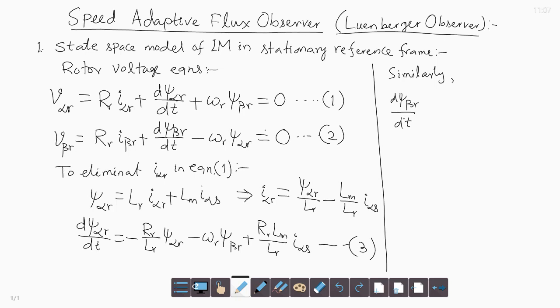So, d psi beta R by dt is minus R R by L R into psi beta R, then rotational EMF is omega R into psi alpha R, then plus R R L M by L R into I beta S. This is equation number 4.